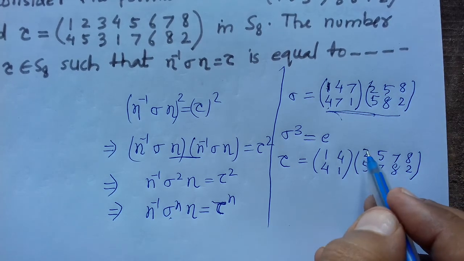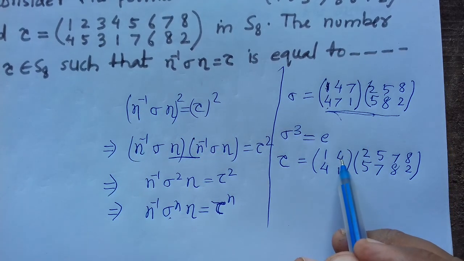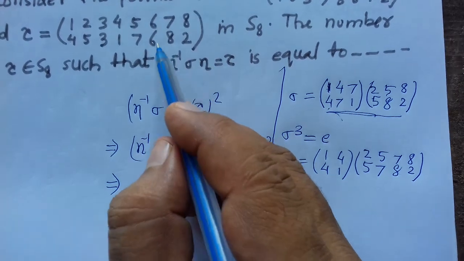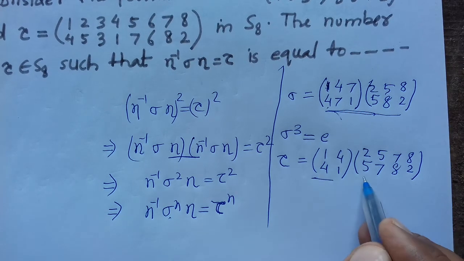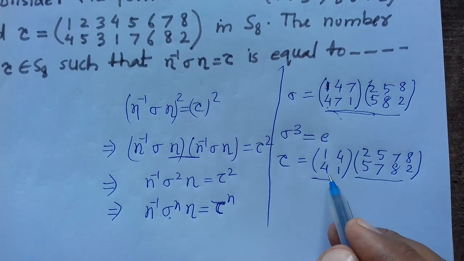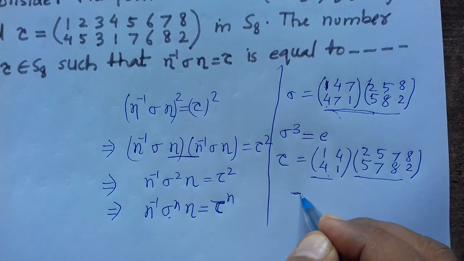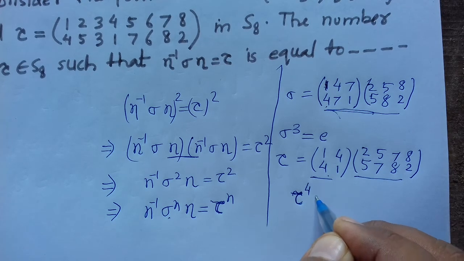Now after 2 there is 3 constant, you see 3, 4 already here, 5 you see, and 6 is constant. But these two are different cycles of order 2 and 4, and the HCF of these two is 4, so the order of τ is 4.